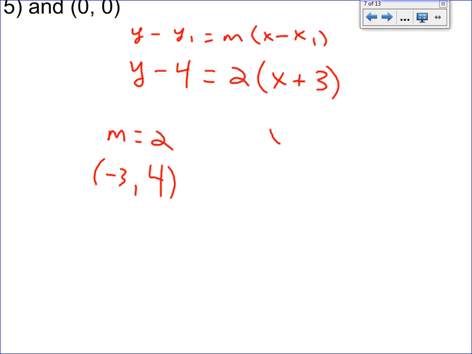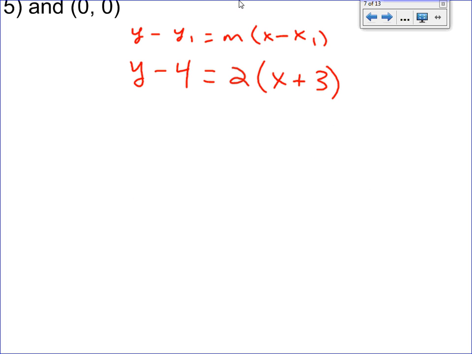Because x minus negative 3 is the same thing as x plus 3. So our x value has to be a negative 3, because we need a minus 3. So just by looking at this equation, I know my slope is 2, and I know a point, negative 3, 4.